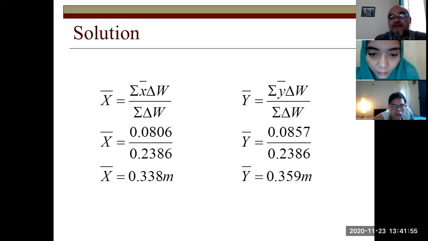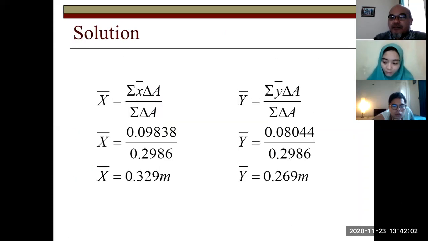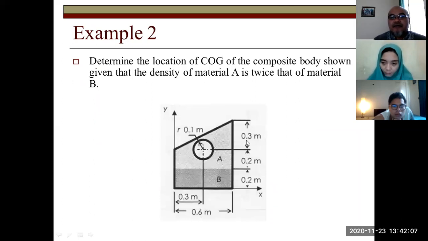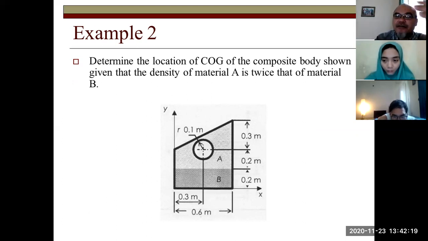And here we obtain the y coordinate increased to 0.359 meter from 0.269 meter, because now the upper part material component is heavier than the lower part, because the density of material A is twice that of material B. So this is the effect of having non-homogeneous density in the calculation.